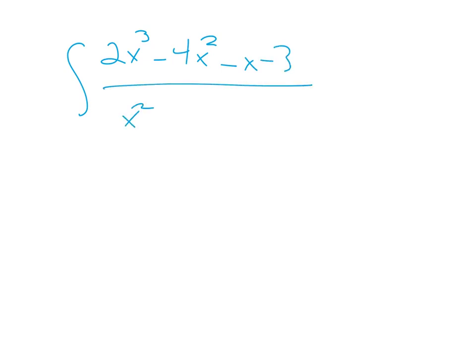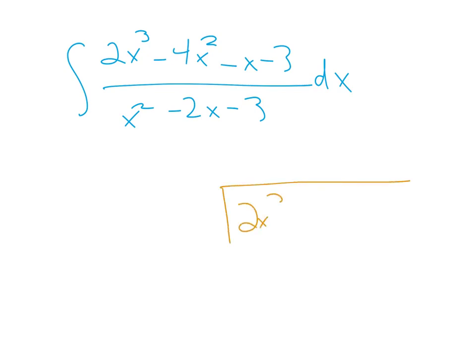And our next one, which I'm going to call our last one, is the integral of (2x cubed minus 4x squared minus x minus 3) over (x squared minus 2x minus 3) dx. Now, the degree of the top is bigger than the degree of the bottom, so I'm going to need to divide first.